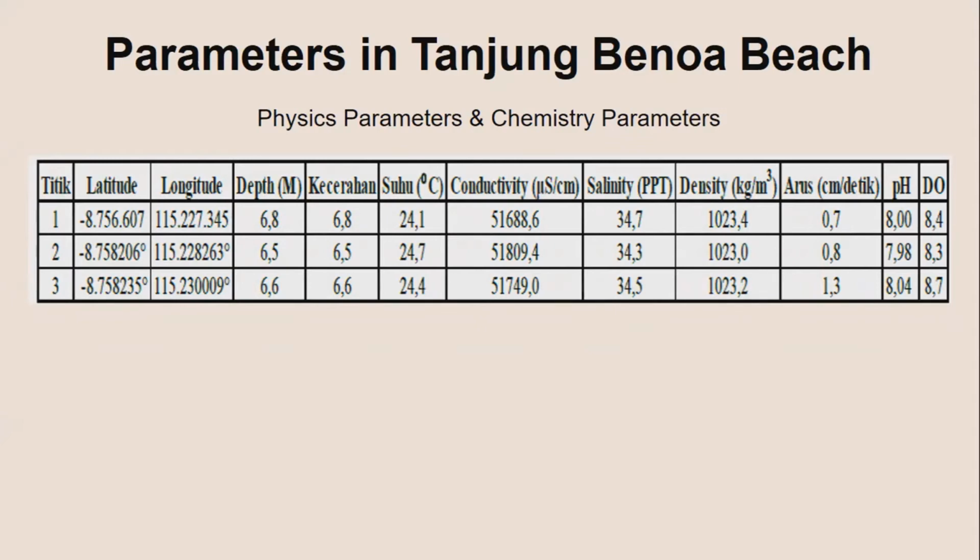The water measurements are determined at 3 points. As we can see in this slide, there are tables. There are 3 points with latitude and longitude, and also we can find 9 indicators here, such as depth, brightness, temperature, conductivity, salinity, density, water speed, acidity, and oxygen demand.